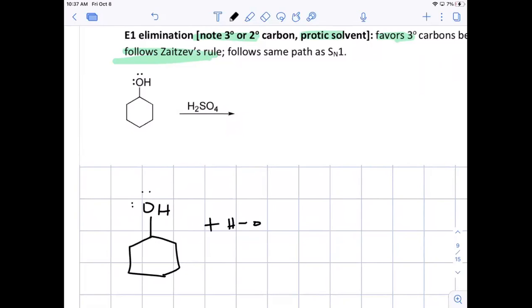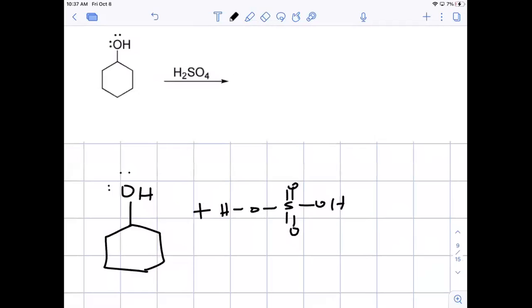And I know we said that the first step is loss of leaving group, but in this case, OH is a bad leaving group, right? It's a terrible leaving group. So you have to make it better. The way you make it better, one of the ways anyway, is to convert it into water, right?